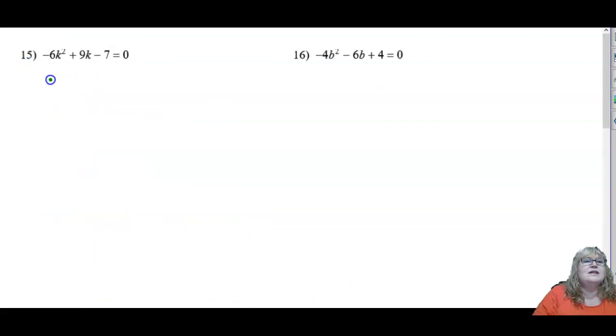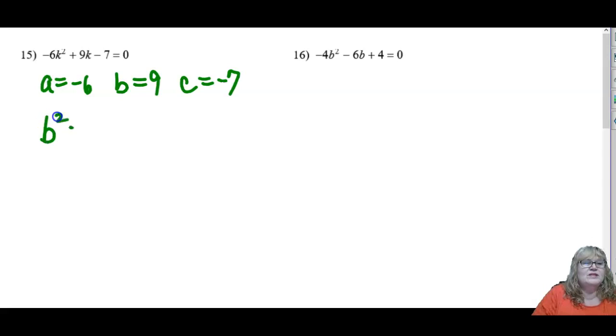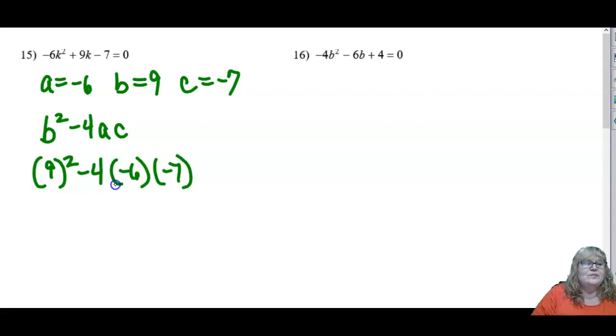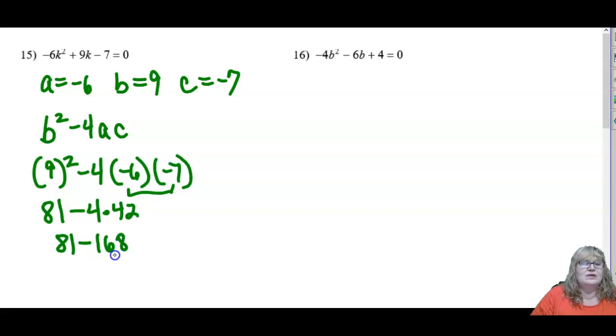number 15, yuck, A is negative again. So if we do the discriminant, remember B squared minus 4AC, no square root. 9 squared minus 4 times -6 times -7. Well, this is 81. This part right here is 42. So we get 81 minus 168, if I did that right in my head, is -87.